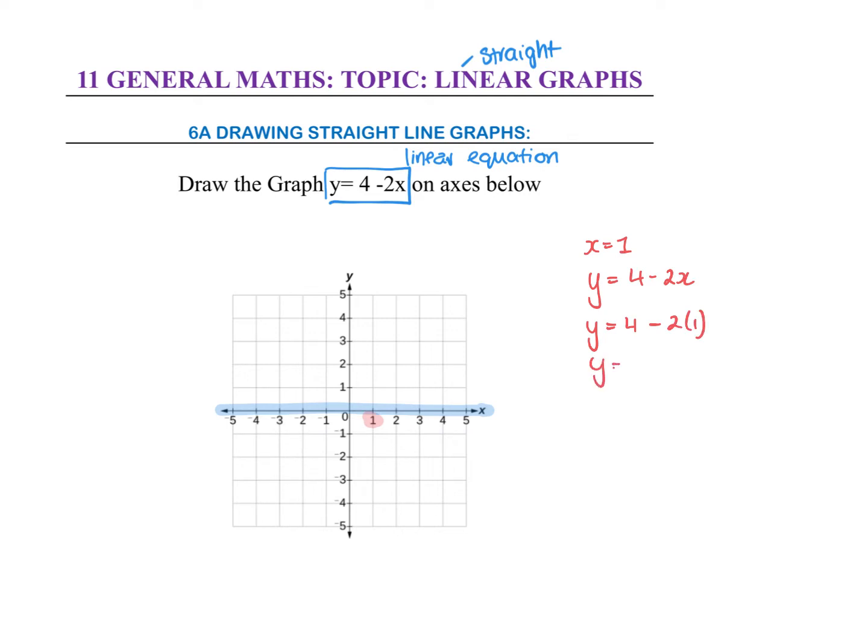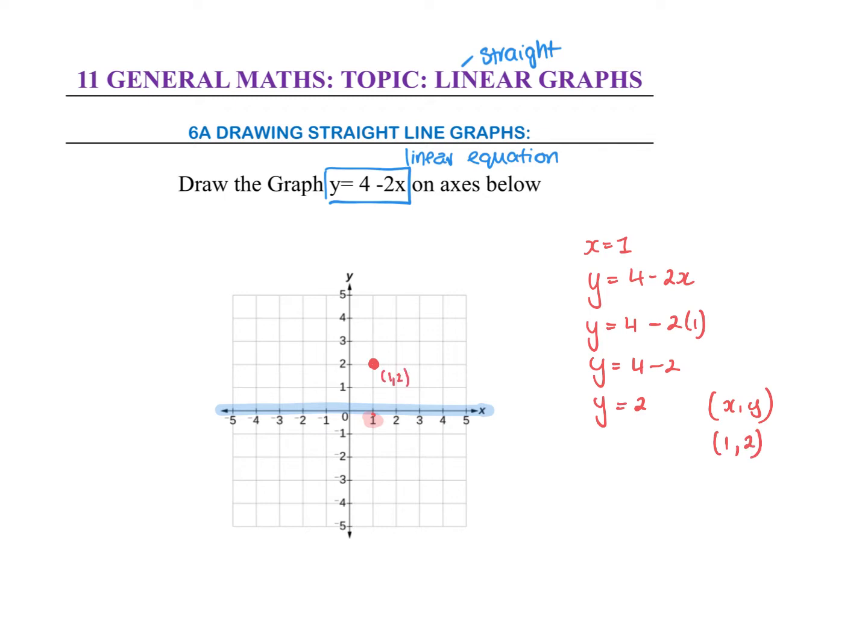So y equals 4 minus 2 times 1, which is 4 minus 2. So y equals 2. So when x equals 1, y equals 2. There you found a point. Remember we have an x and y point. So we've got a point there, 1, 2.